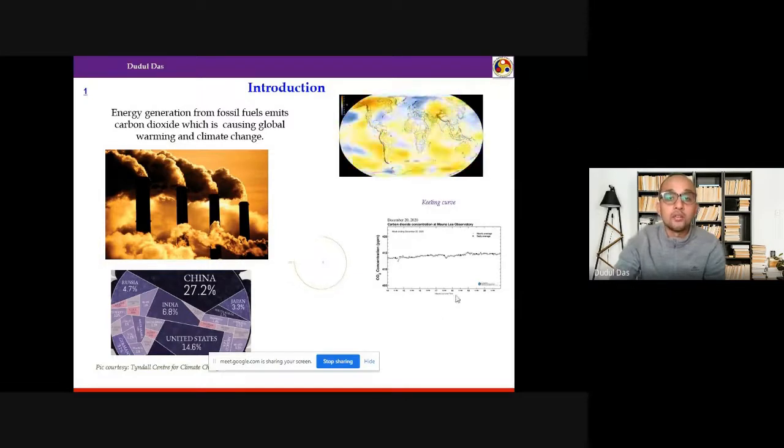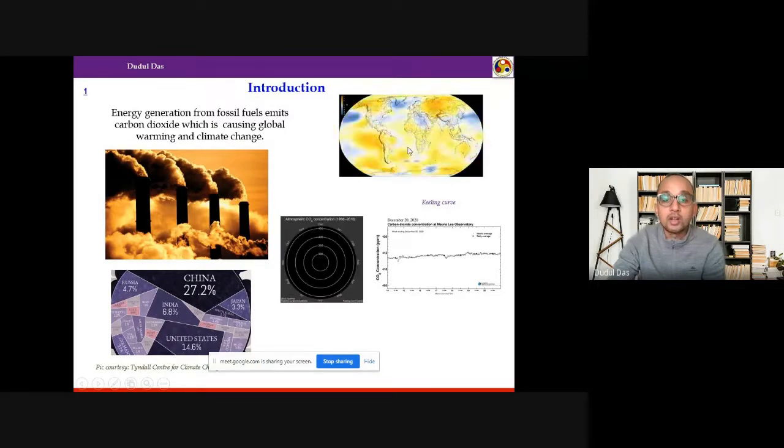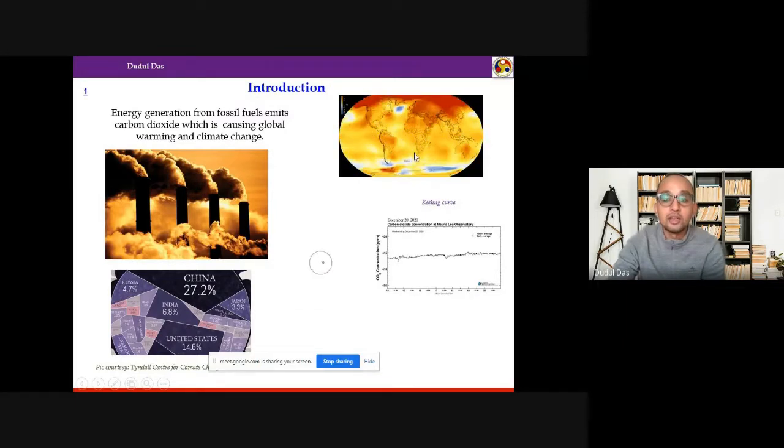And if you look at the animated globe, published by NASA, we can see how the temperature of the world is changing from the industrial era to the present day.